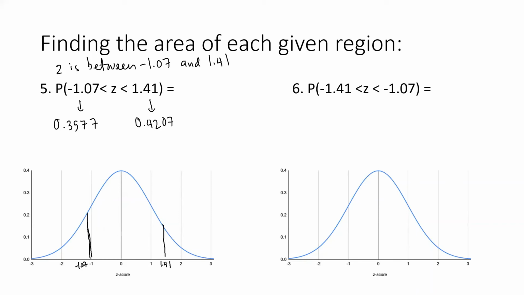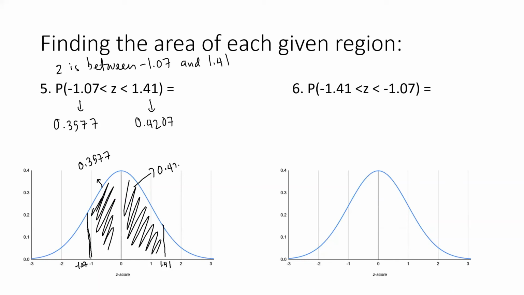Since z is between a negative z value and a positive z value, we can shade at the bottom. What have you noticed here? Since z is between values that have opposite signs, all we have to do is add both areas.